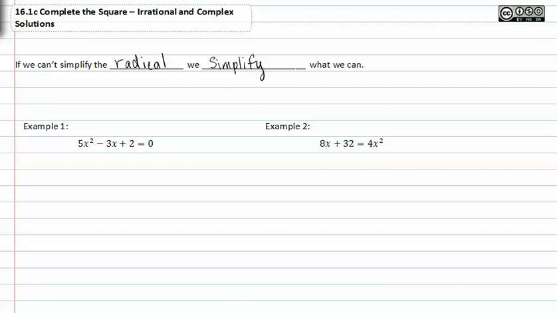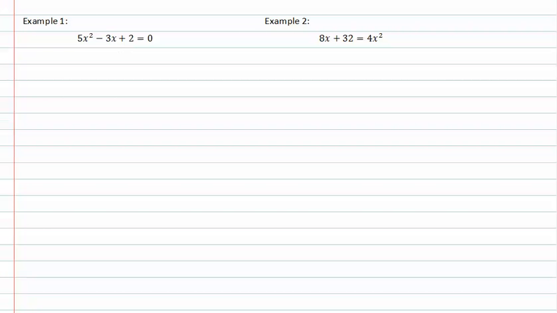In example 1, we have to complete the square, but as we work through it, we'll see that things don't necessarily come out beautifully. So subtract 2 from both sides, and we get 5x squared minus 3x is equal to -2.